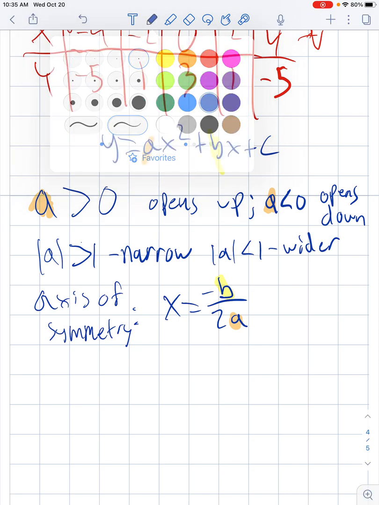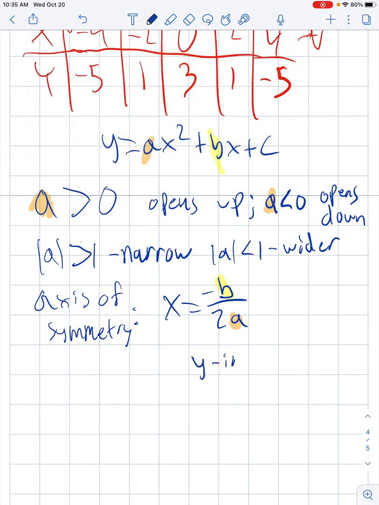And then the y-intercept is c, and that shouldn't be new for us. Y-intercept equals c. So again, looking at my parent function, if it were to be an ordered pair, it would be (0, c). And then again, this would be my x coordinate right here.